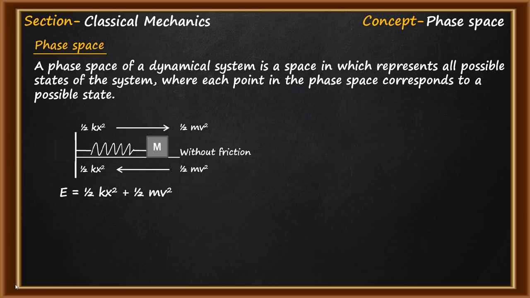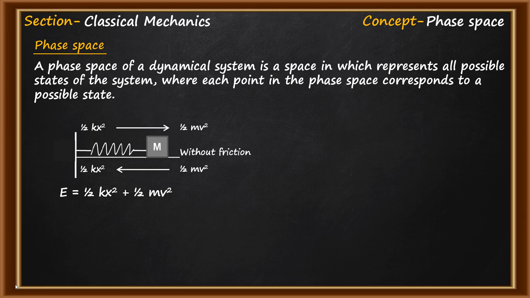So when you plot the position x versus the momentum px, that is your phase diagram in this situation. As we have discussed, as the system oscillates, the energy oscillates between kinetic energy and potential energy, which means both the position and the momentum alternate between positive and negative maximum values.